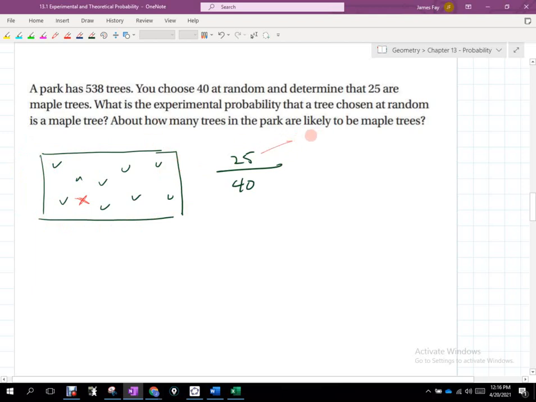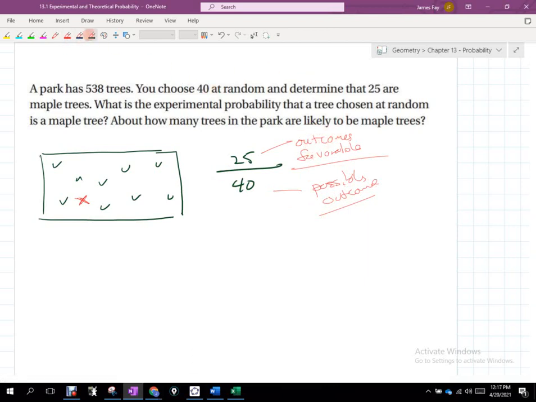This is the number of favorable outcomes and this is the number of possible outcomes. We have 40 possible trees, and 25 of them favor being maple.